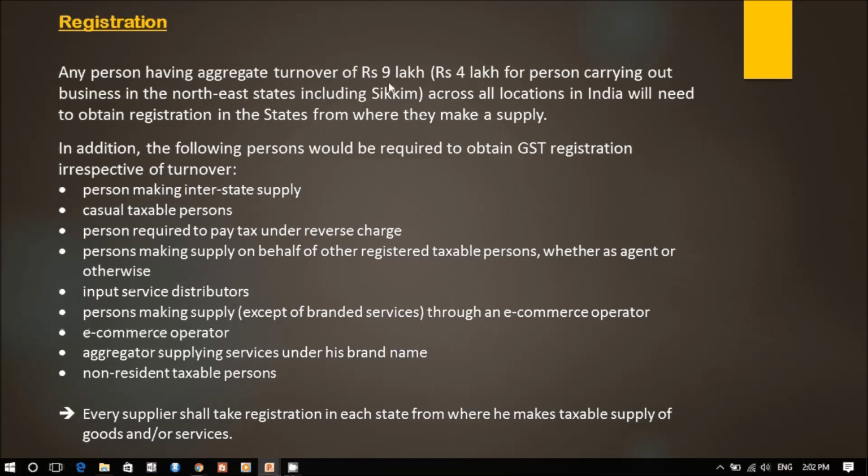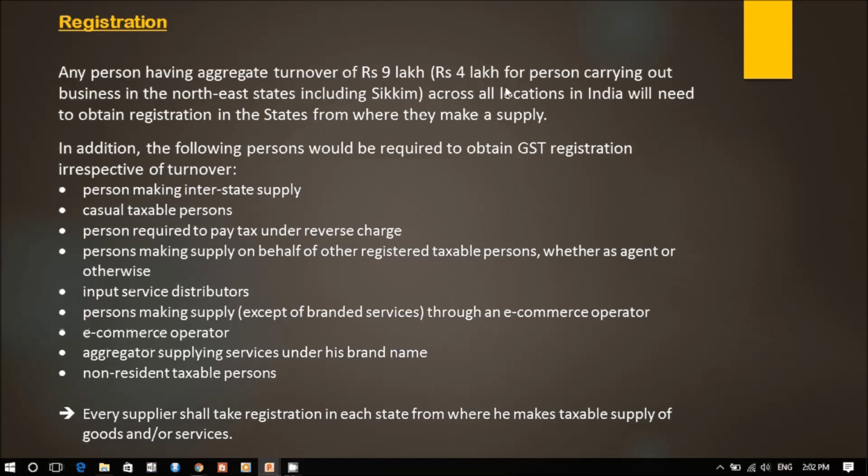So when we are calculating the limit of 9 lakh or 4 lakh, we have to take all these sales, and if it exceeds 9 lakh or 4 lakh, then you have to take the registration within 30 days. There are a few more conditions we will discuss in detail later.